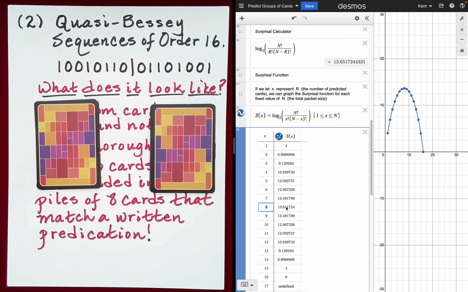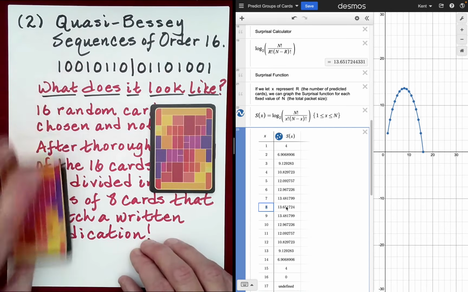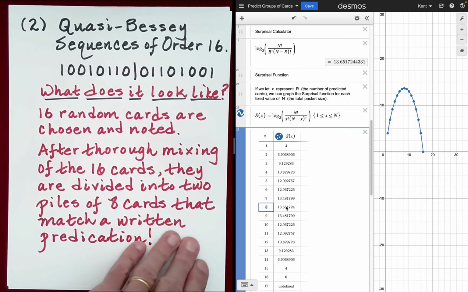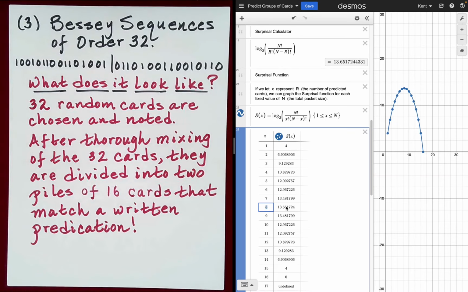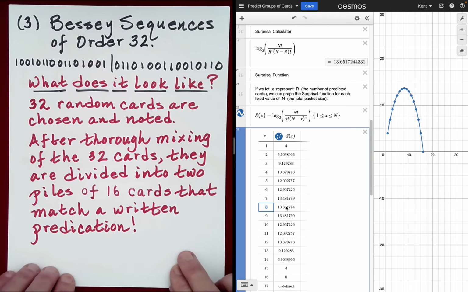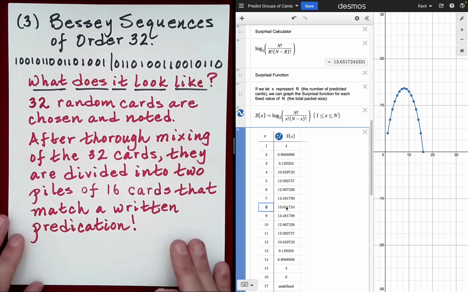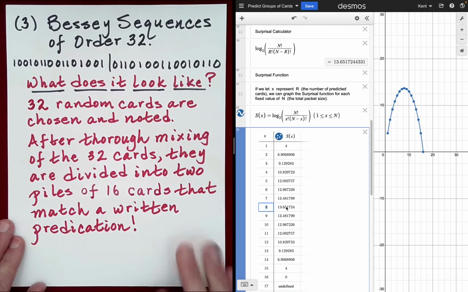Okay, so for our final little example of Surprisal values today, we're going to look at Bessey sequences of order 32. And I do have a video or two dealing with Bessey sequences of order 32 and actual performances as well. Okay, well, a Bessey sequence of order 32 is a long sequence.